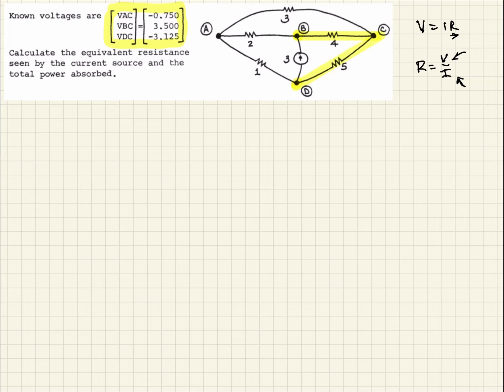So we should be able to take that information and determine what the voltage difference is between those 2 nodes. So let's look at that. If we first look at between B and C, the voltage between B and C is equal to 3.5 volts, and that's given right there.